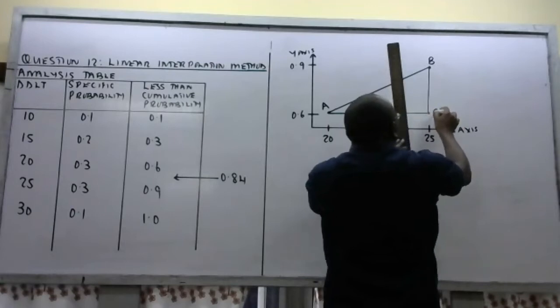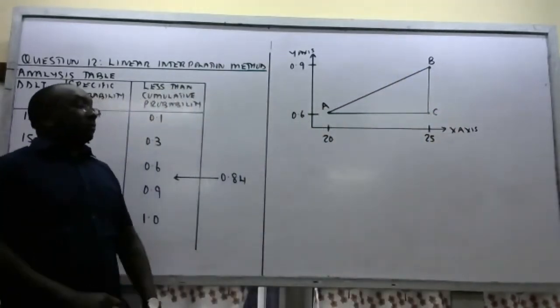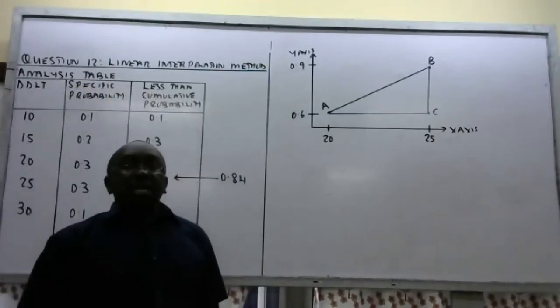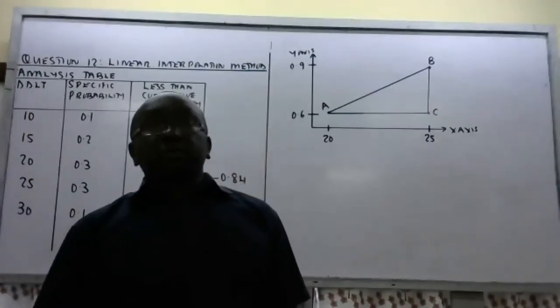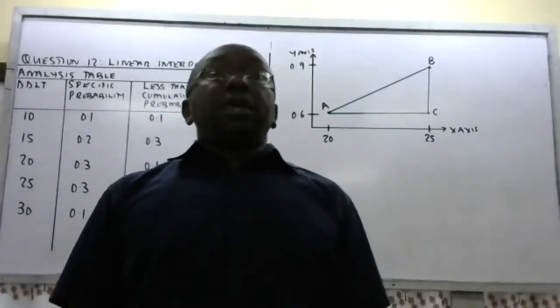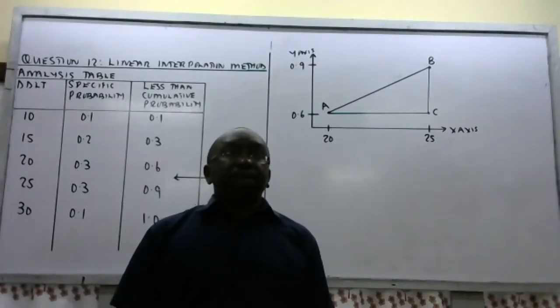At this point, you call it C. So we now have a figure. What is the name of that figure?